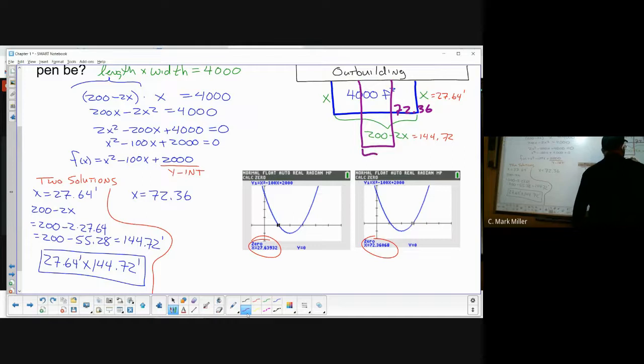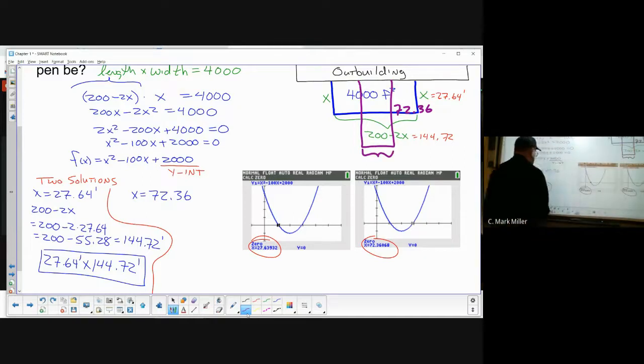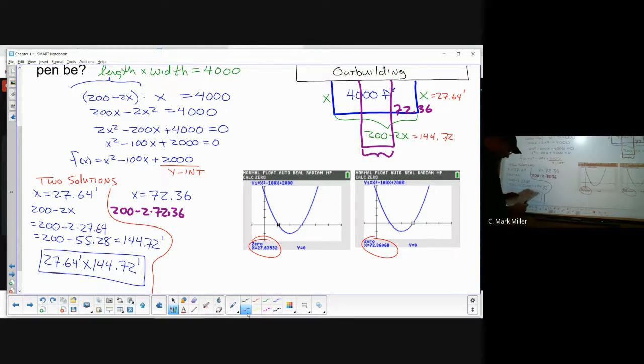And so what is its width? So 200 minus 2 times 72.36. That is 200 minus 144.72. And the width is therefore going to be 55.28.